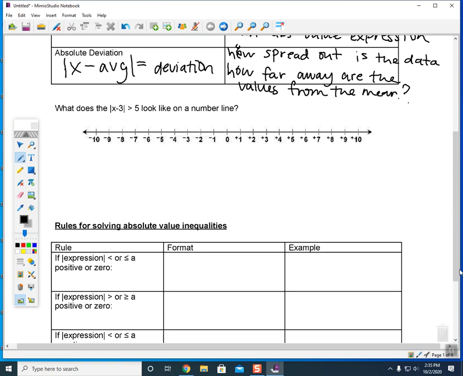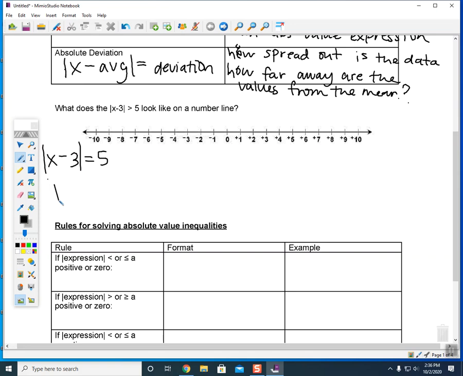When I'm doing this, I'm going to imagine that this says x minus 3 equals 5. Absolute value of x minus 3 equals 5. We know how to solve these, right? I need to break it into two equations.